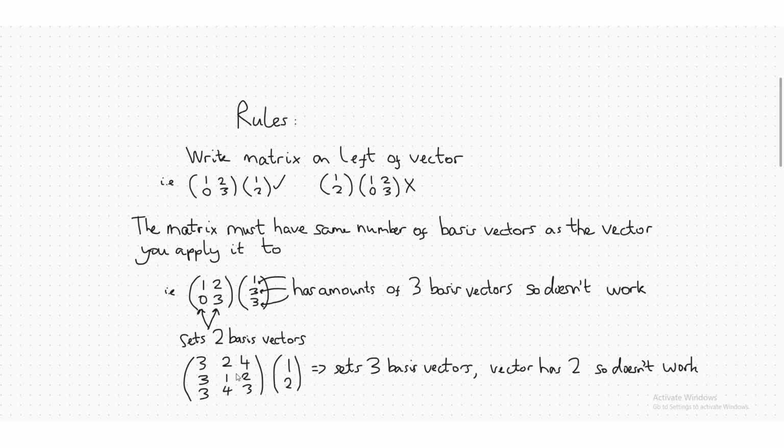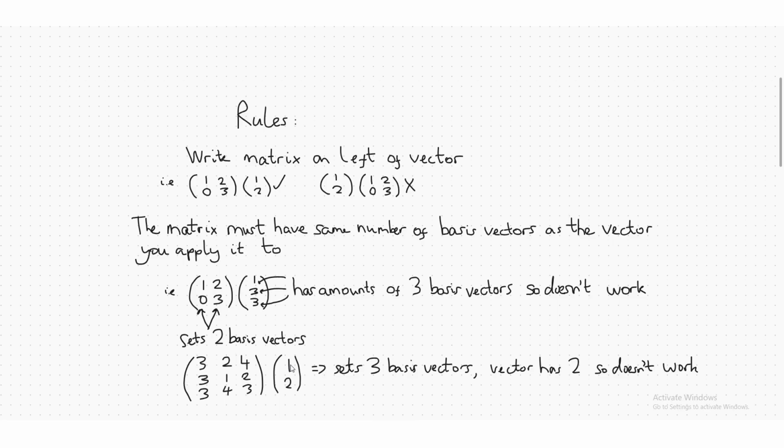Sort of similarly, in this example, our matrix sets 3 basis vectors. You can see 1, 2, 3. But our vector only has 2. So again, there's a mismatch, so it doesn't work. So the amount of basis vectors the matrix sets has to be the same as the amount of basis vectors the vector has.